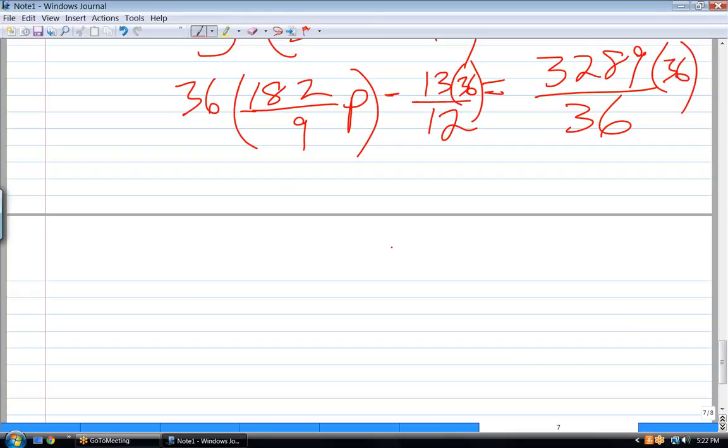And now notice what I can do. I can simplify the 36 over 9. That becomes a 4. I can simplify this 36 over 12. That becomes a 3. And this 36 disappears. So now what's 4 times 182?